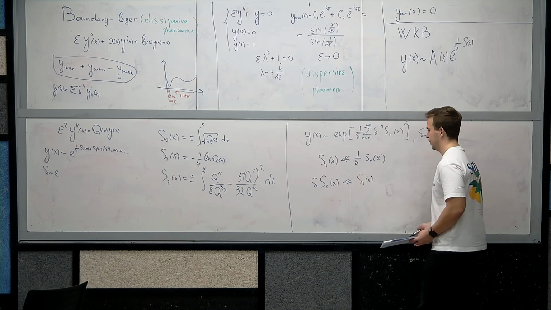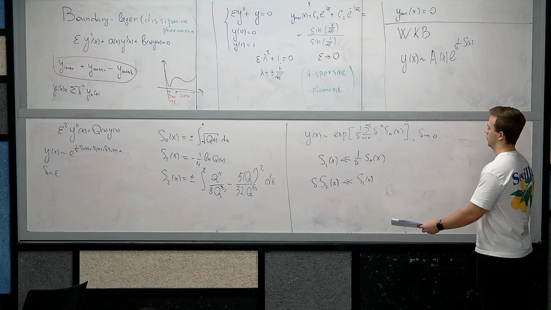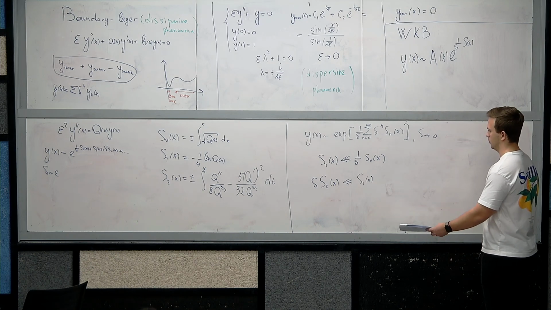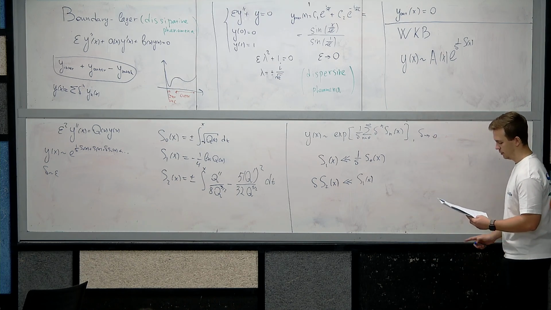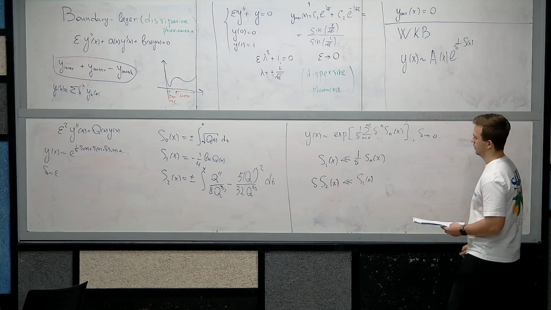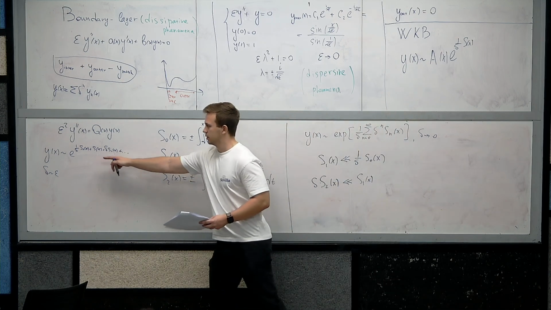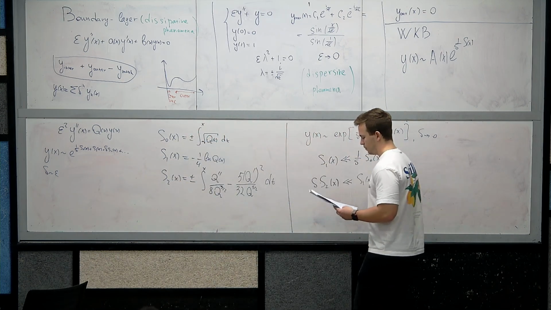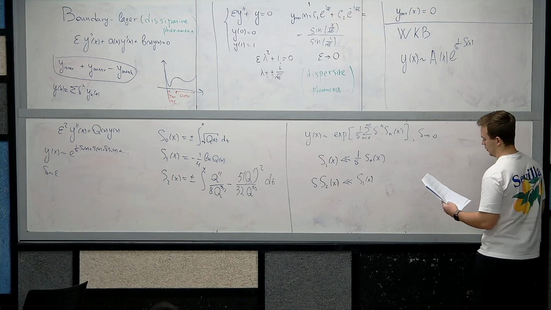So basically you have to check that the next consecutive term is much smaller than the previous one. That's delta S2 versus S1. Just take this expansion, and yeah, you have to check it.